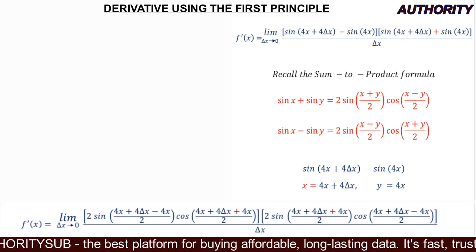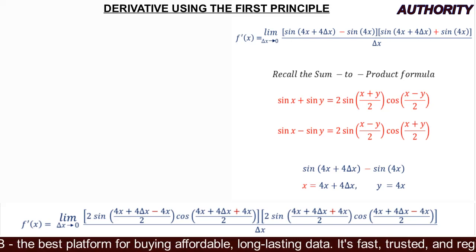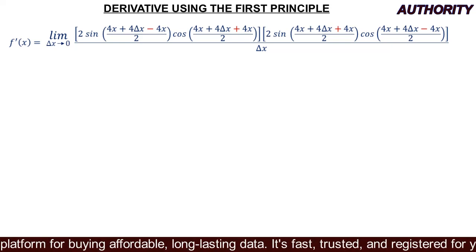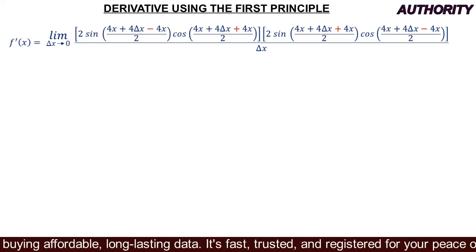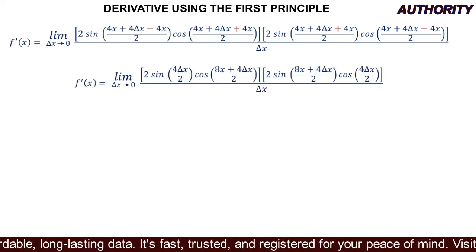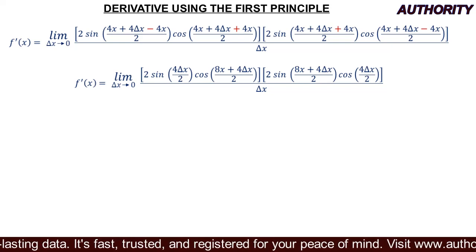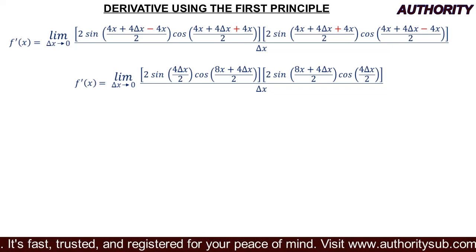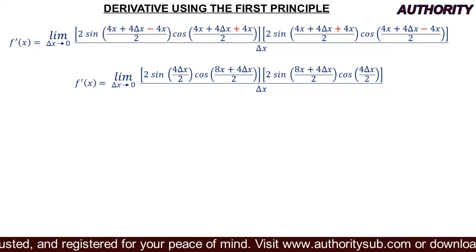Let's simplify. So, in the first bracket where we have 2 sine 4x plus 4 change in x minus 4x, here we have 4x minus 4x, which is going to disappear, right? We are going to have 4 change in x all over 2 remaining. Let's go to the cos. Here we have 4x plus 4 change in x plus 4x.